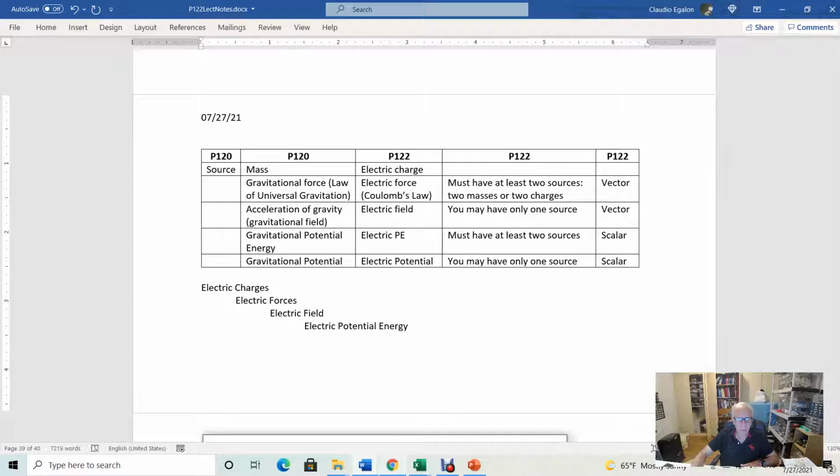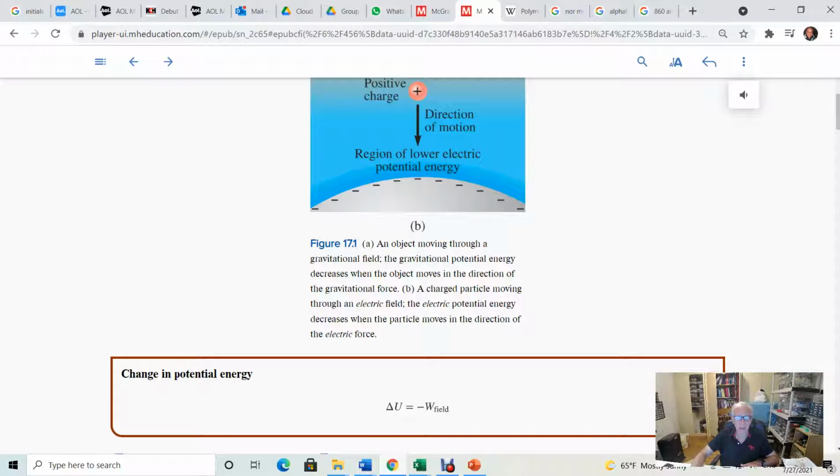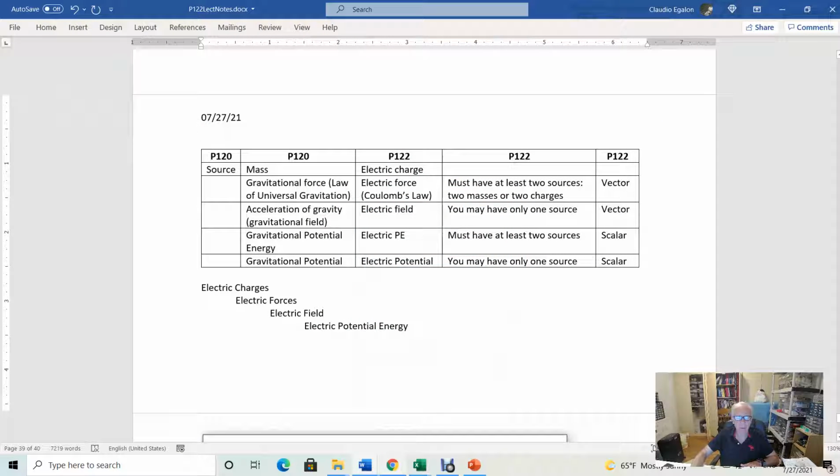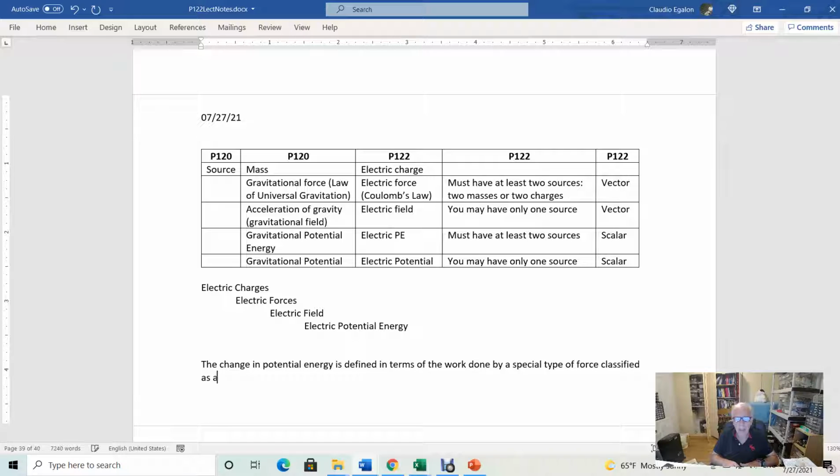The book called that a field force. You have a minus sign. So the change in potential energy is defined in terms of the work done by a special type of force, classified as a conservative force.